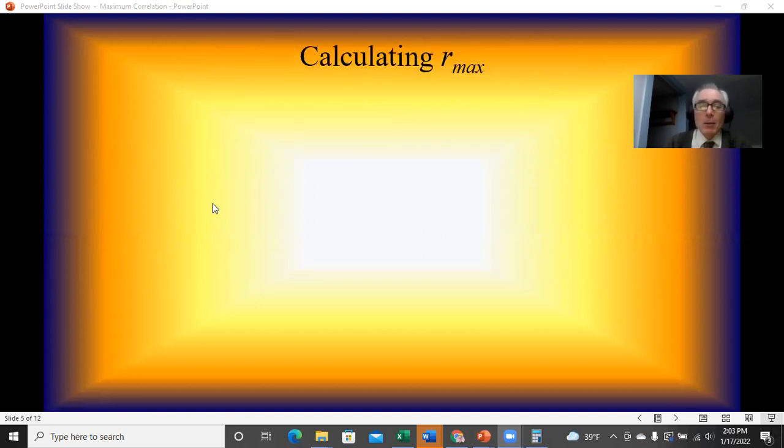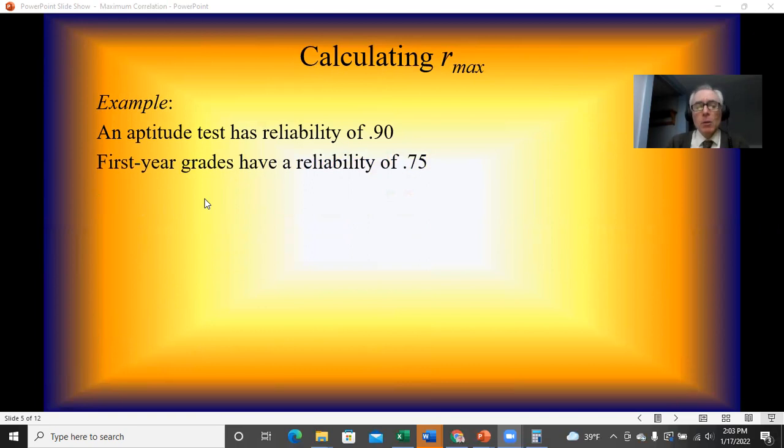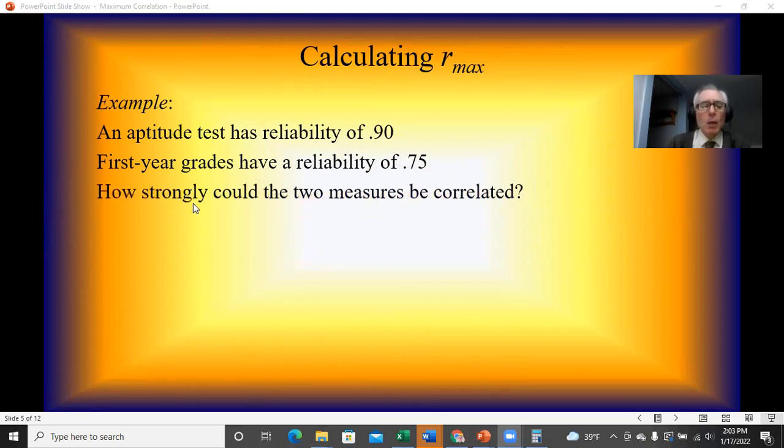So how do we get it? This is, again, a fairly simple one as these things go. Let's say we take the example of an aptitude test which has reliability of 0.9, a very reliable aptitude test. And first year grades have reliability of 0.75. Not terrible. This could be the GRE and your first year in grad school, for example.